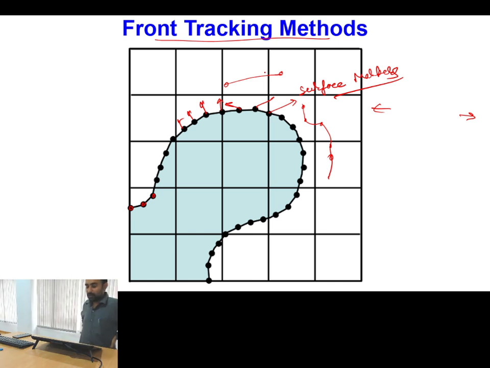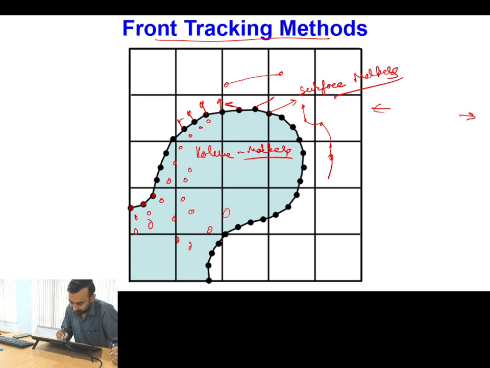To avoid this problem, some front tracking methods use volume markers instead of surface markers. What is done in the case of volume markers? Besides the particles placed on the surface, particles are also placed in one of the fluids, the primary fluid. They are not placed in both fluids, only in the primary fluid. Now if the interface deforms and stretches, some fluid from the inside has to come to the boundary, only then will interface mass conservation be satisfied.